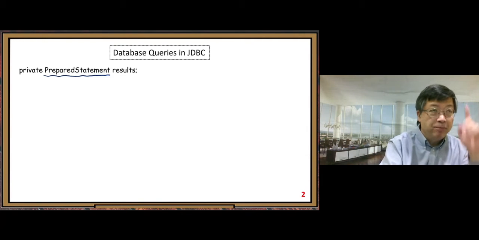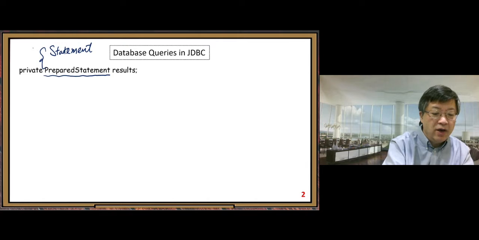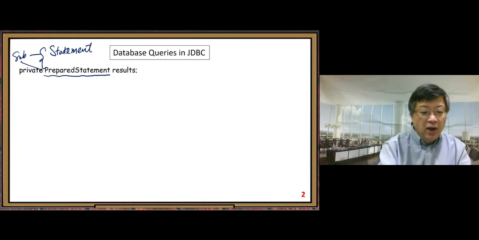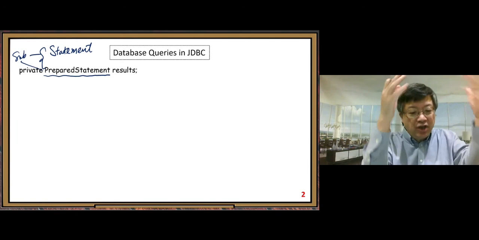In order to process the query, there are two ways you can use. One way is the Statement. Statement is an interface. PreparedStatement is a sub-interface of the Statement. PreparedStatement can do more work than Statement.